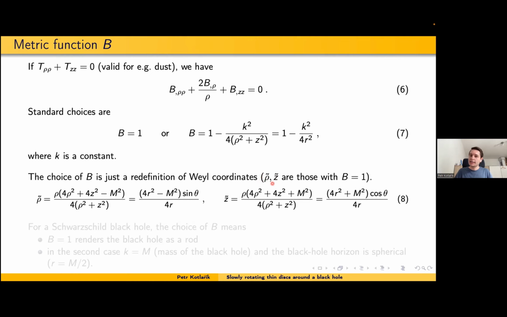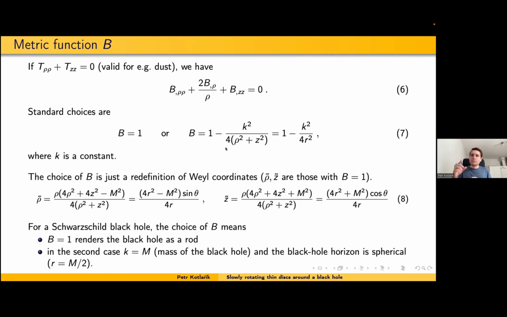So if I have the coordinates with the capital B equal to 1, then by this transformation, I transform to the metric where B is not 1.